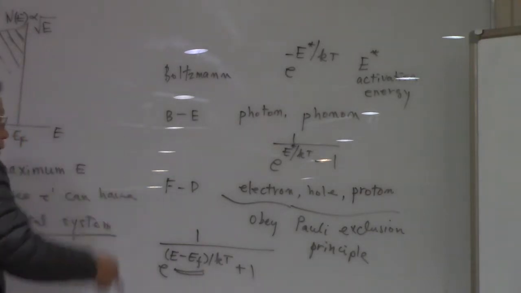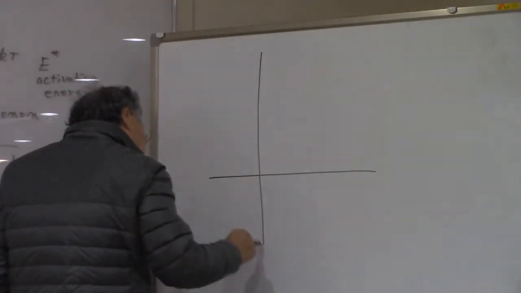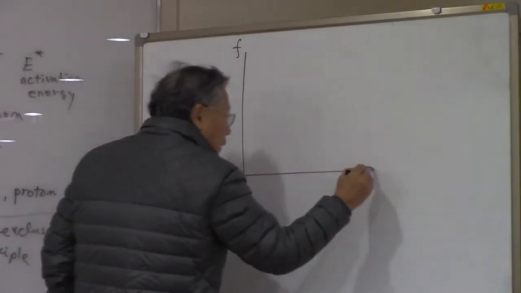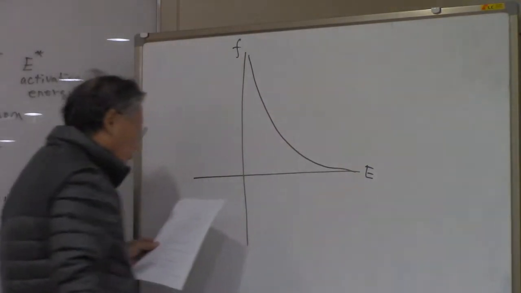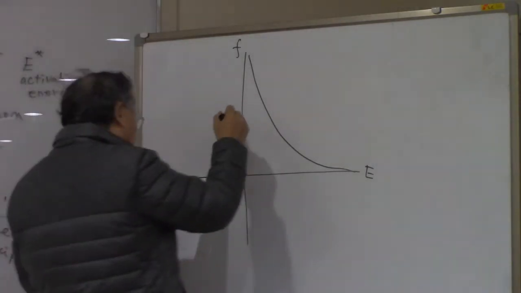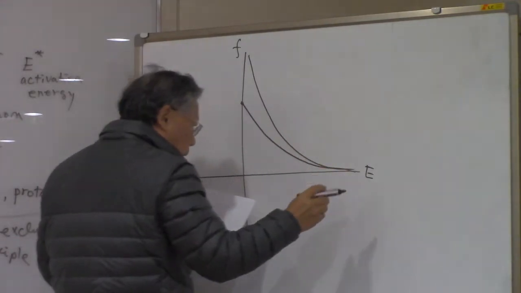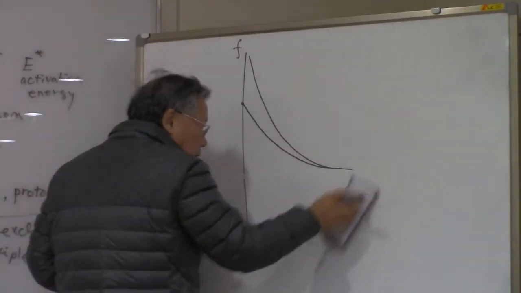And those three statistics, if you plot that in the probability and the energies, the Boltzmann goes something like this, okay? And then Bose-Einstein, it goes something like this. This is not actually 0, but it's close to this.